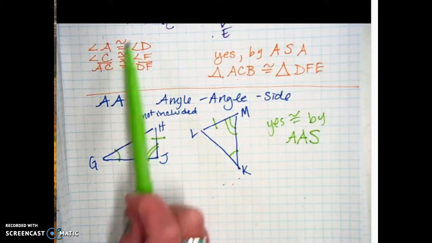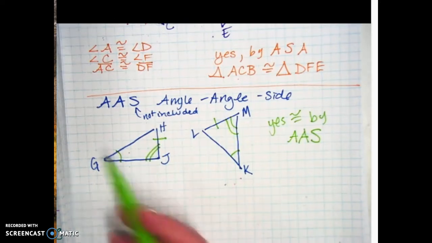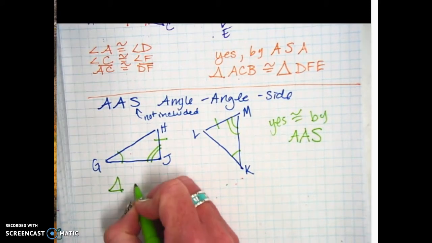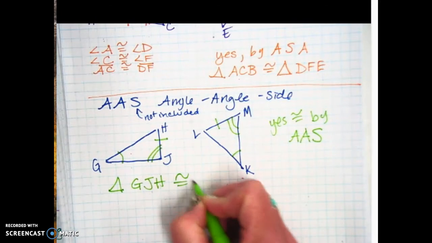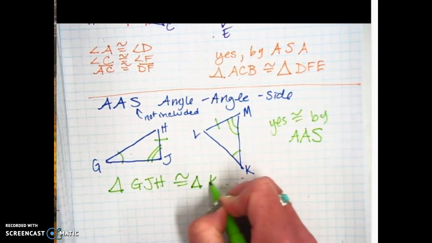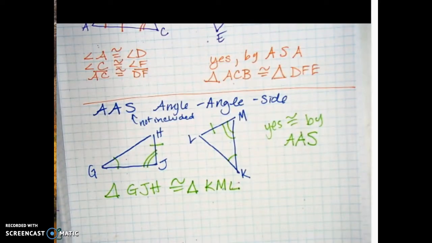And we're going to do it almost exactly like how we did on angle, side, angle. Just go by the single, double, and then the one that doesn't have it. So it's going to be triangle GJH is congruent to triangle KML. Any questions on angle, angle, side?